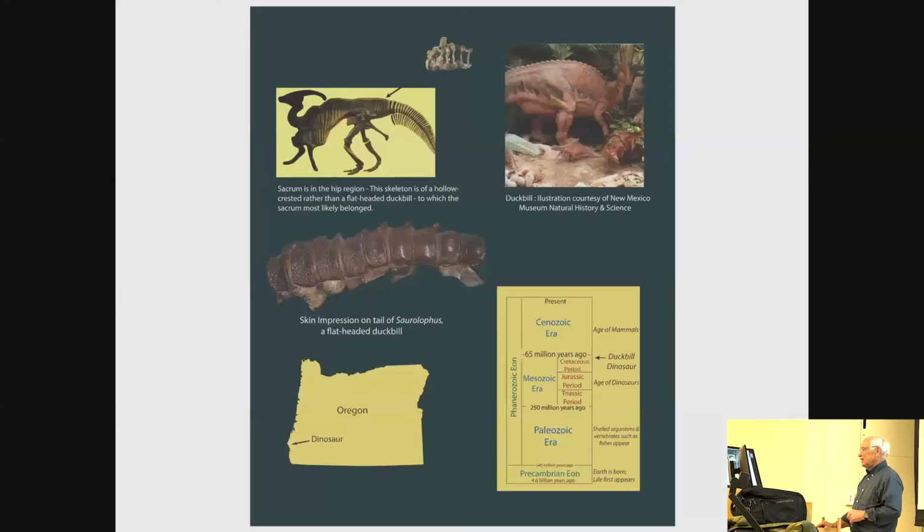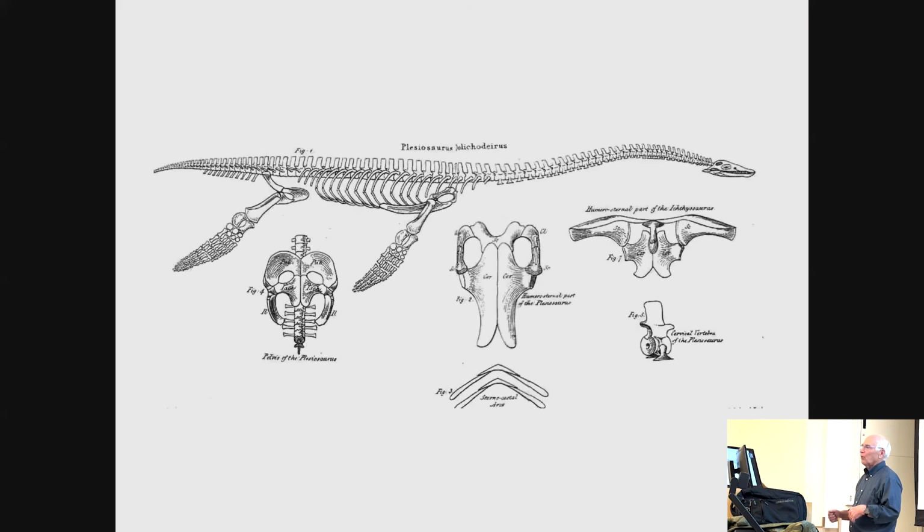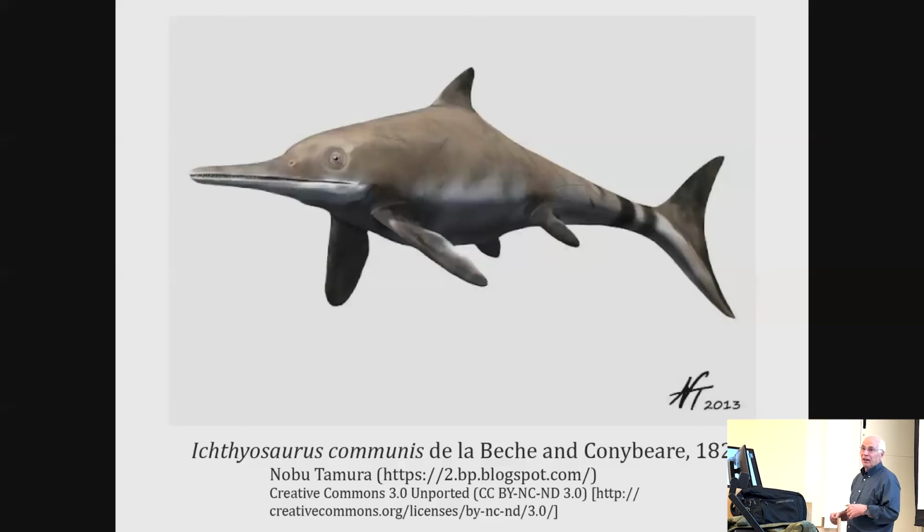But again, just to summarize, we have vertebrate remains scattered throughout Oregon. There was another professor that was a generation above me. His name was William Dickinson, and I don't know if he told me this or I read it in a publication. He said, oh yeah, there's vertebrate detritus out there.